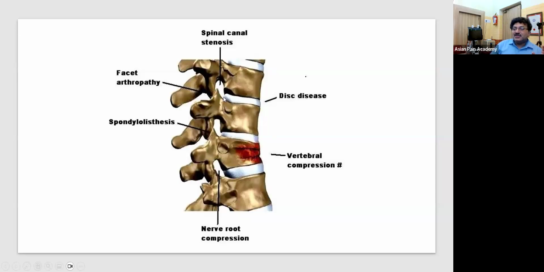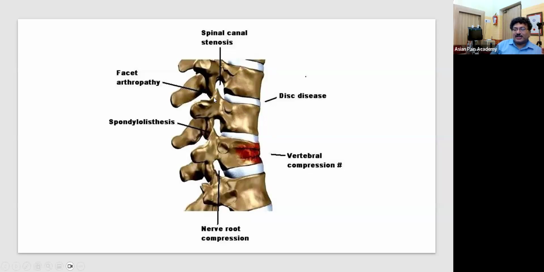Next, coming to the second pain generator. So we understood one pain generator, that is the disc. The next is the facet joint. The facet joints, as I showed you, are found in the posterior part of the spine. These joints are like all other joints, they can undergo degeneration, and this becomes painful.